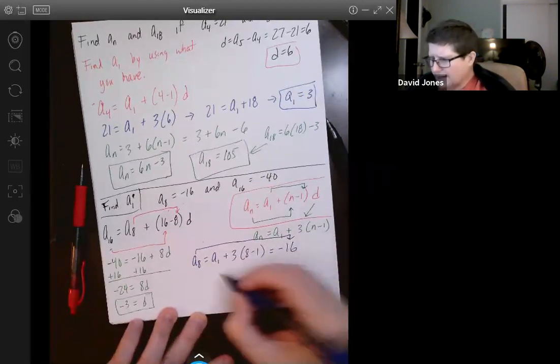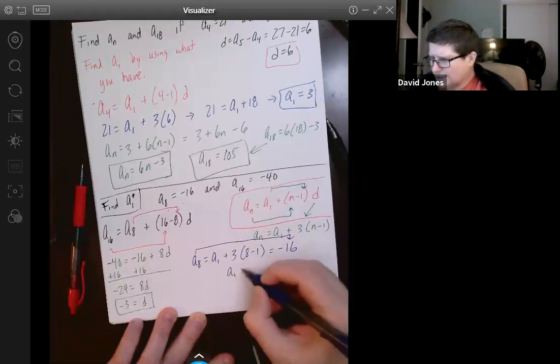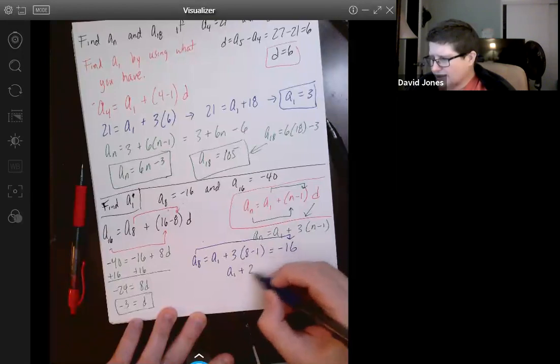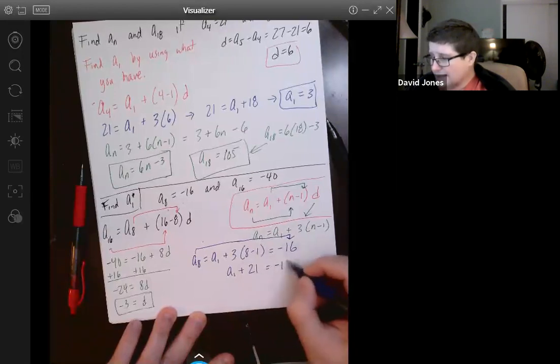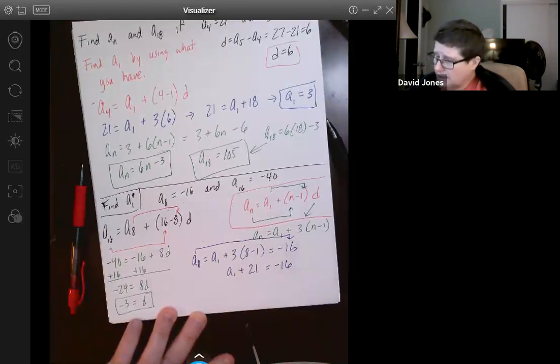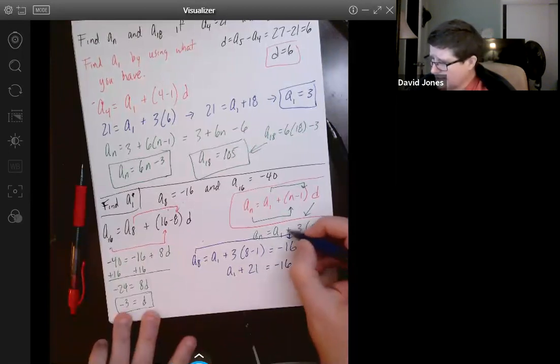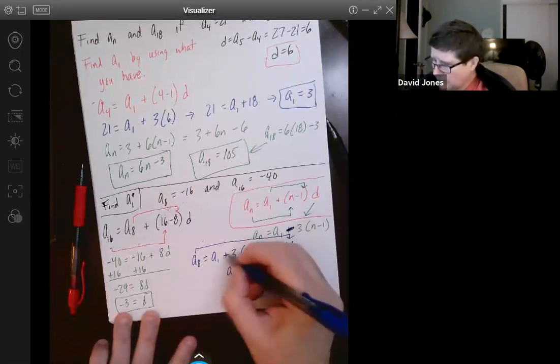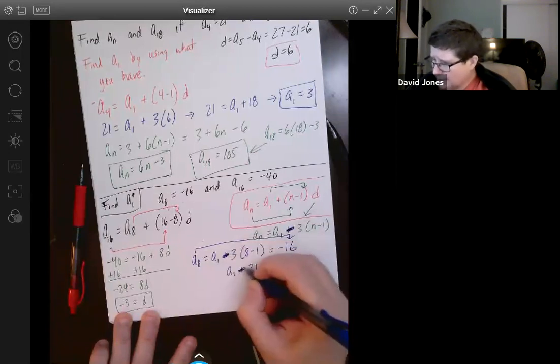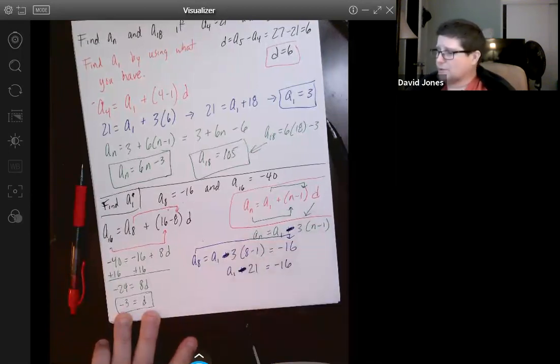So I've got a sub 1 plus 8 minus 1 is 7. So 3 times 7 is 21 equals negative 16. d is not positive 3, it's negative 3, which means that's minus 21.